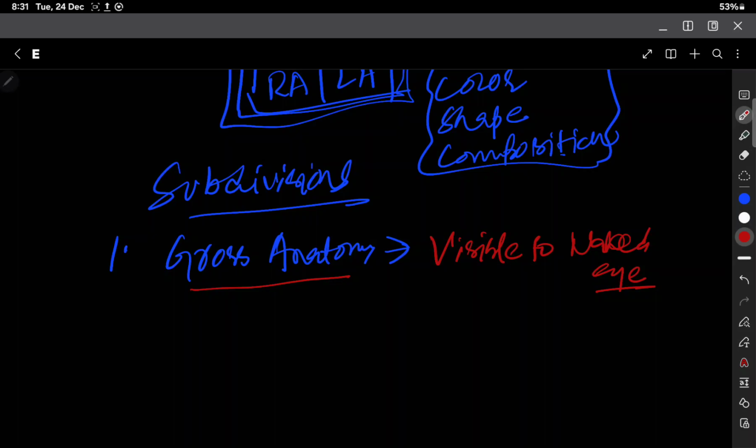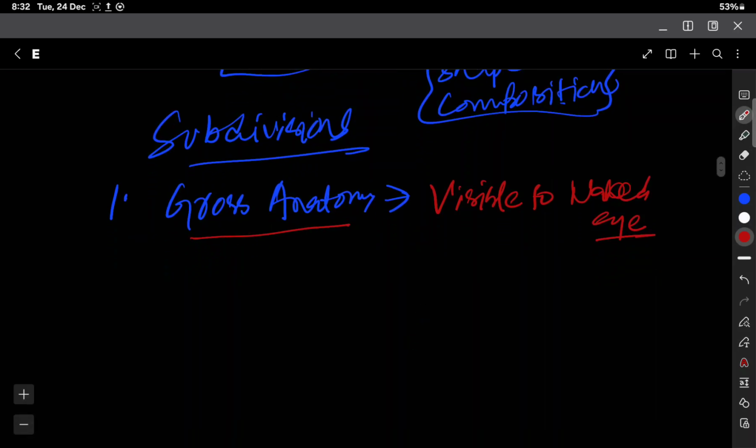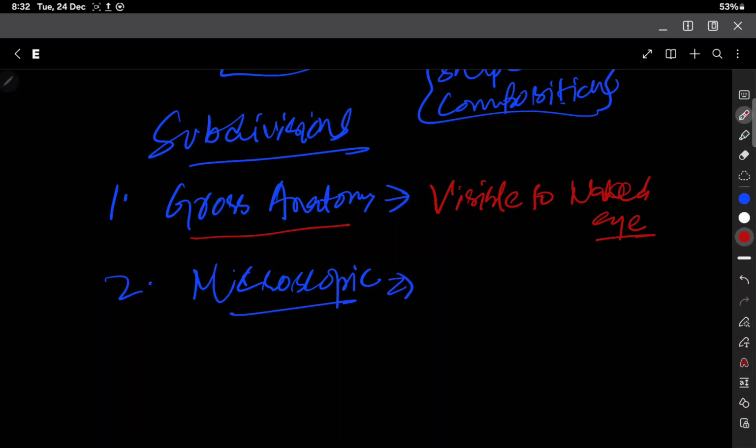For example, the study of the ear will be called gross anatomy. Those structures which are visible to the naked eye, we study in gross anatomy. The second one is microscopic anatomy. As the name suggests, it involves using modern microscopes to examine the structures.